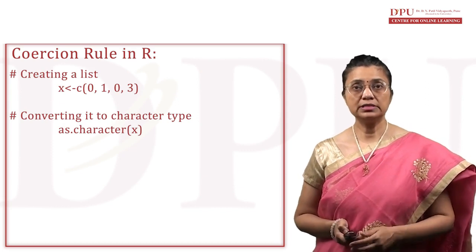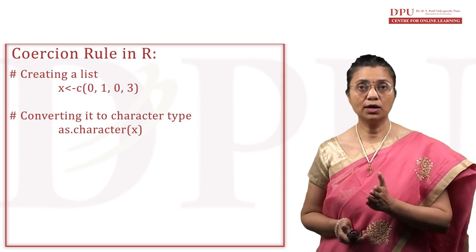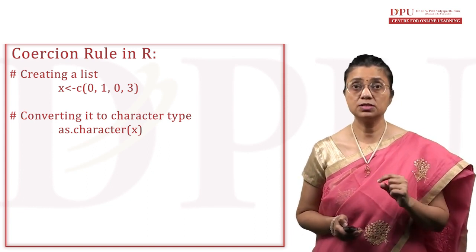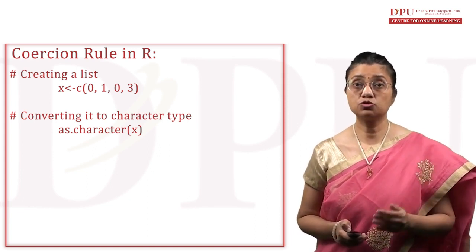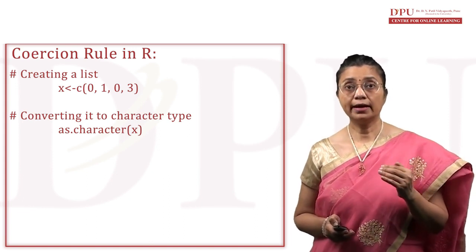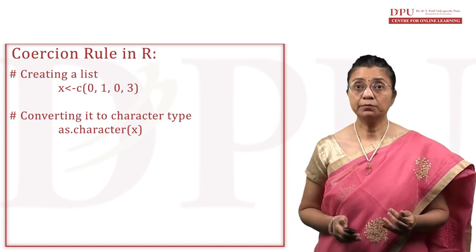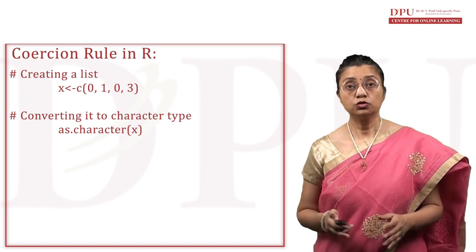Now in the example you can see I have created a list with the c function where I write 0, 1, 0, 3. So it is a list, and that list has been assigned to a variable x. Now I am writing the command as.character. So what I am doing over here is converting it to character type.